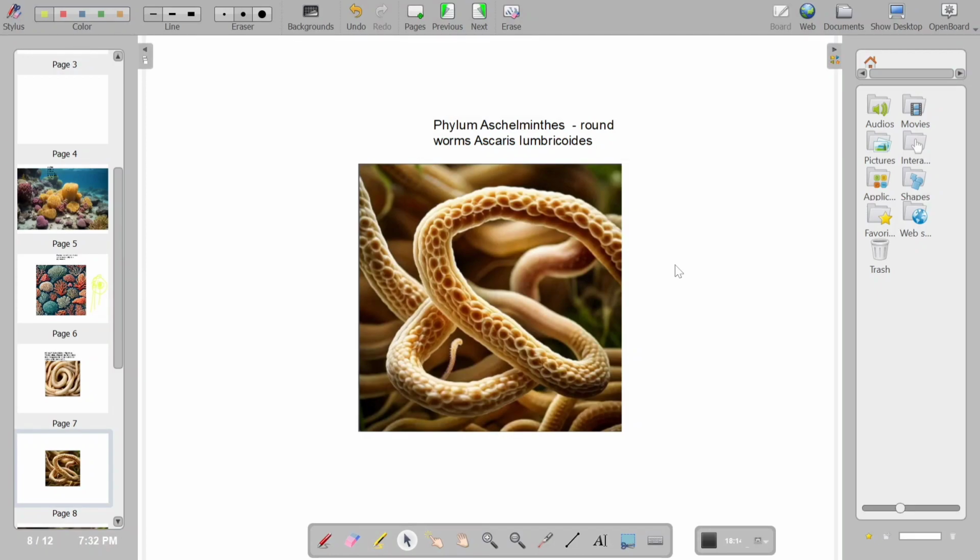These animals are bisexual. Male and female are separate. Reproduction is by sexual reproduction. These animals are unsegmented, there are no segments in their body. These are also parasites in humans as well as animals, which cause several diseases.